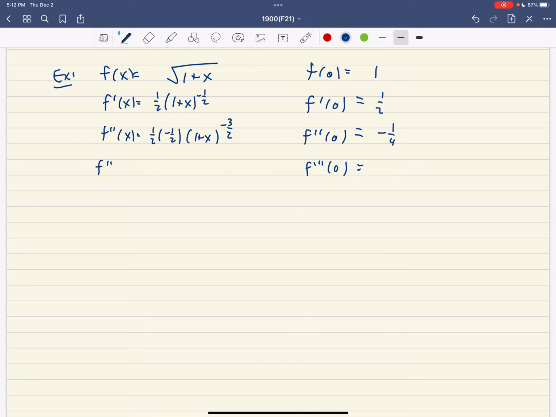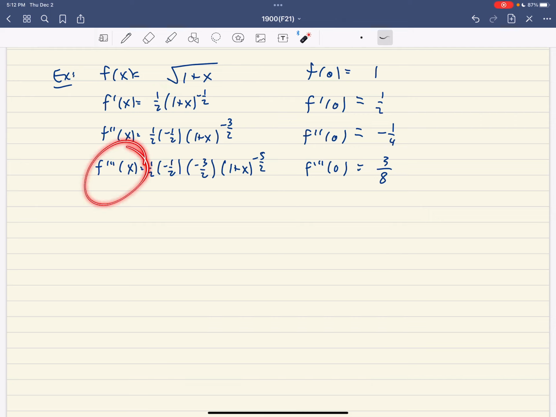And the third derivative is going to be 1/2 times negative 1/2 times negative 3/2, 1 plus x to whatever power. So the third derivative is going to end up being 3/8. Okay, and so then the fourth derivative would be 1/2 times negative 1/2 times negative 3/2 times negative 5/2.